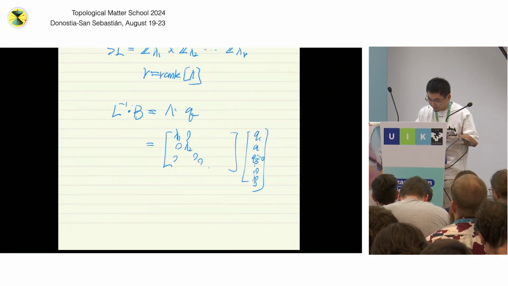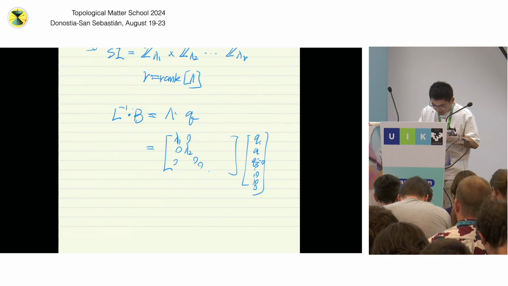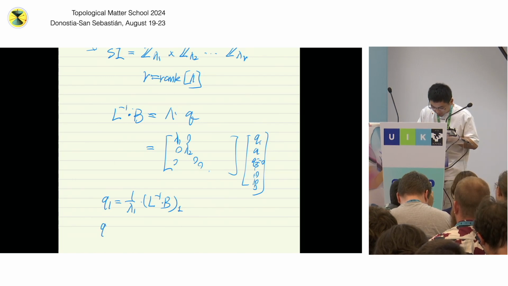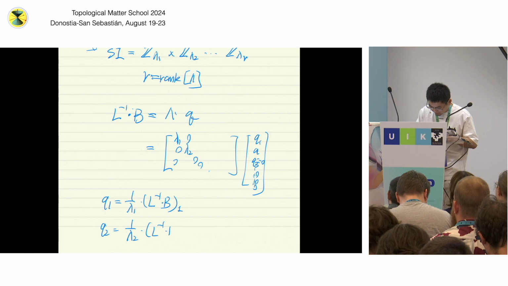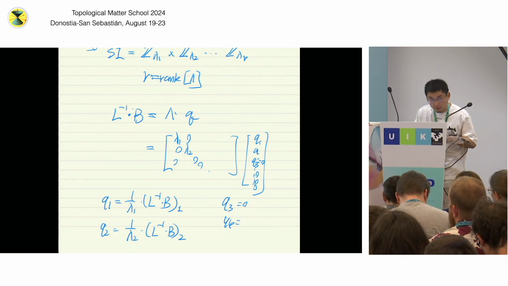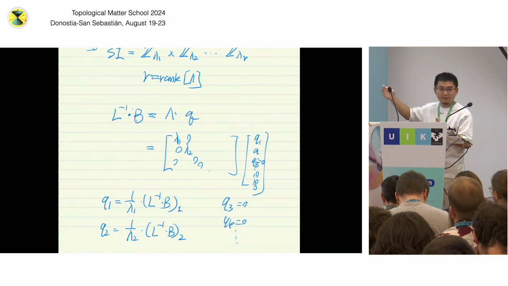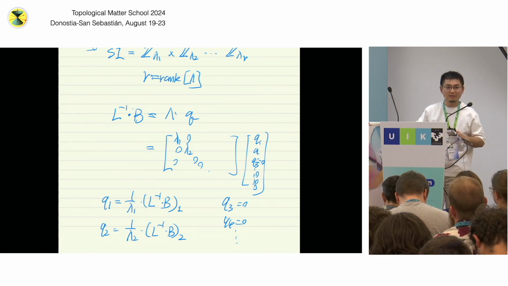And so we can always write the solution as Q1 equal to 1 over lambda 1, L -1 times B, the first component, and Q2 as 1 over lambda 2, and Q3 equal to 0, Q4 equal to 0. We can always define the solution in this way. So this is what I mean by the inverse. It's not the true inverse of a matrix.